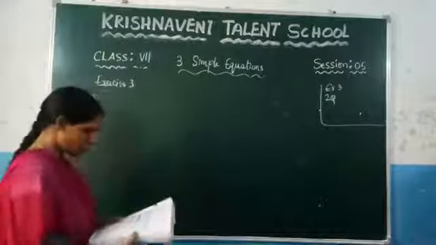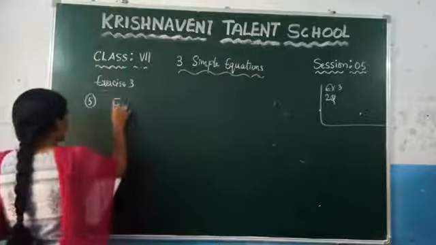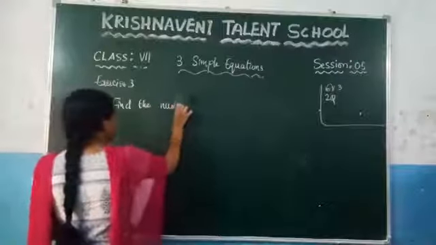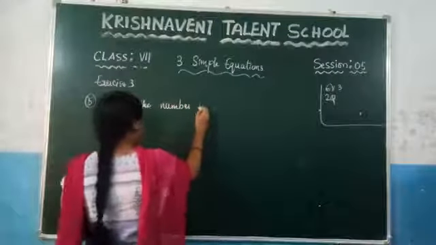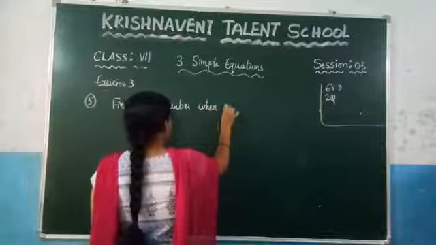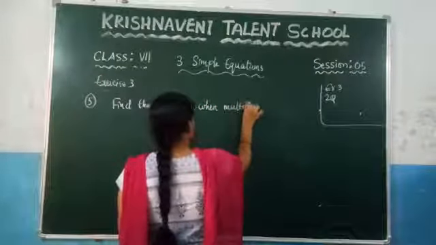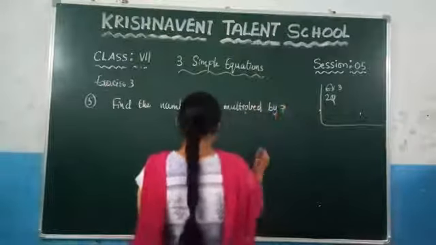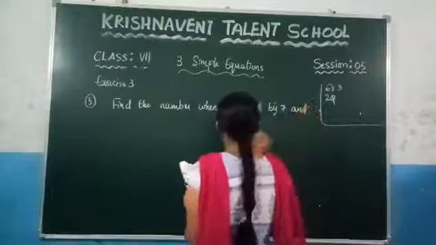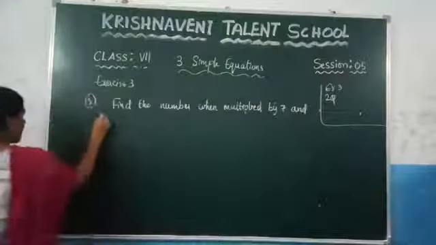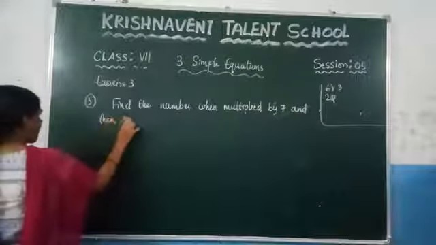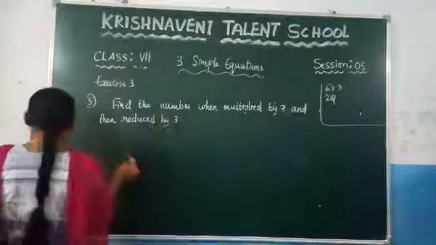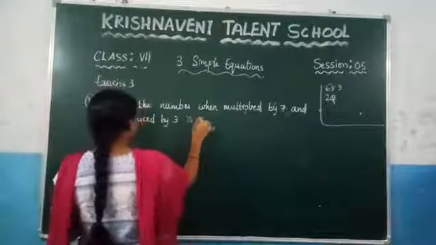So write it here. What is the question given here? The fifth question. Find the number when multiplied by 7 and then reduced by 3 is equal to 53.